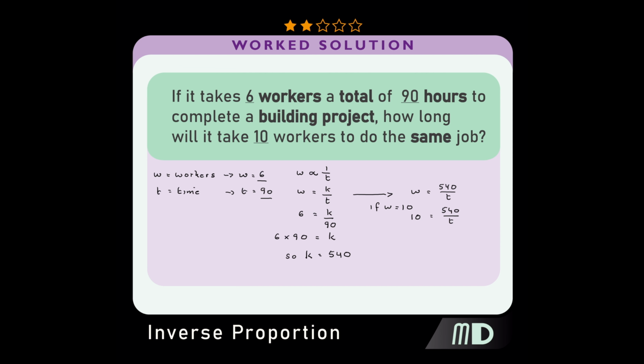In the first instance, we get 10T equal to 540.